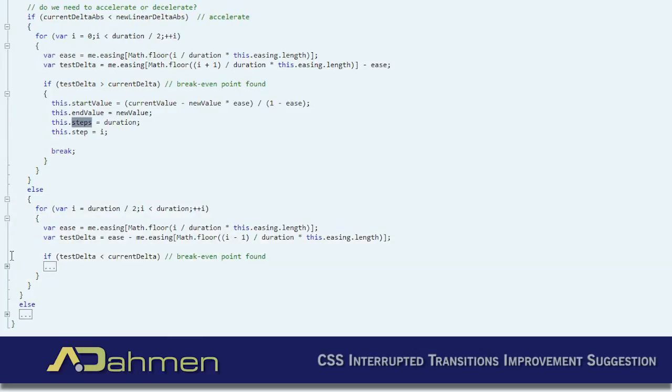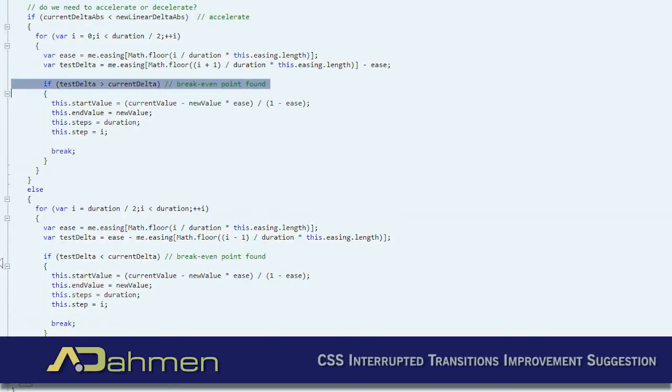The deceleration branch is quite the same as the acceleration branch. The only difference here is the converse comparison, and that we are searching in the second half, the deceleration half of the easing function. That's it.